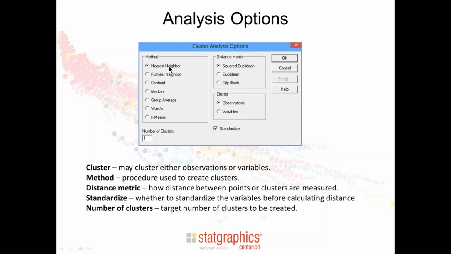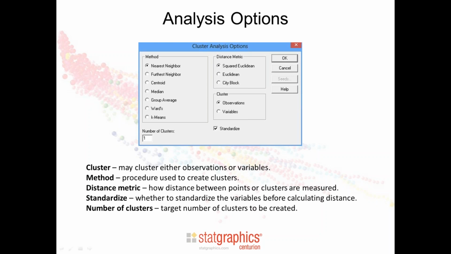The second option I have when I do a cluster analysis in Statgraphics is what method I want to use to do the clustering. Now we'll see in just a moment that there are two major types of clustering algorithms. There are what are called hierarchical methods, and then there's the method of k-means.